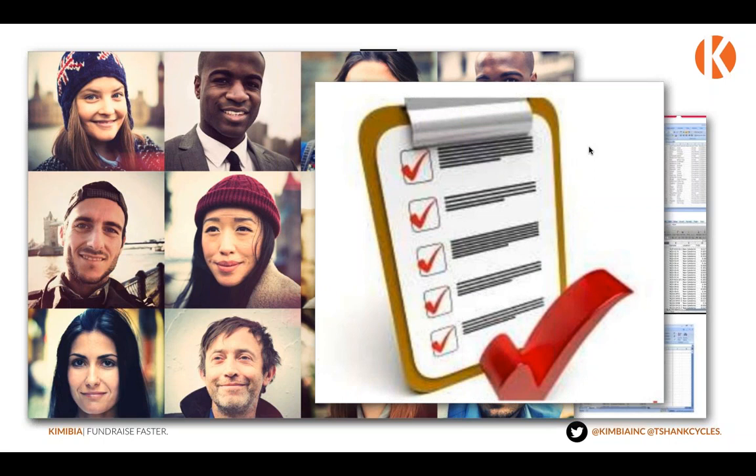You put people into segments and then you target them with the right messages that are appropriate for them. So the continued evolution of artificial intelligence and big data, I don't think is something to be scared of. I think it's something that's going to truly help us be better at fundraising and making sure that we're sending the right messages to the right people.